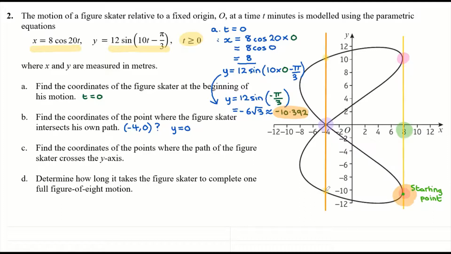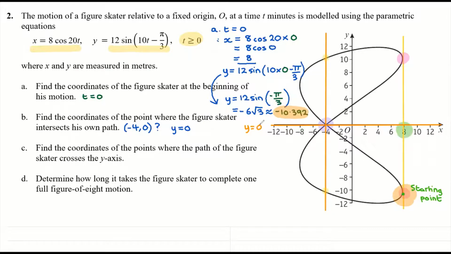However, if we consider the y direction, I'm going to do the same thing. We only have 1 point of intersection when we have y equals 0. I'll just label that, so that's y equals 0.